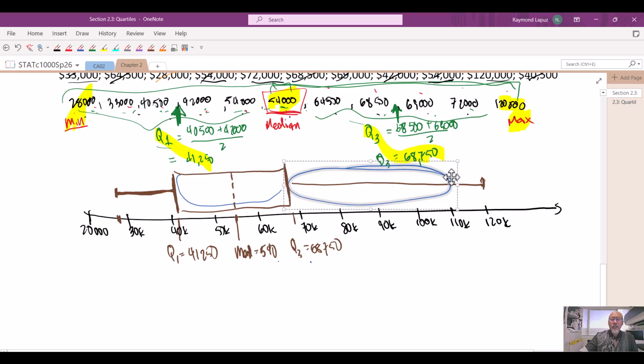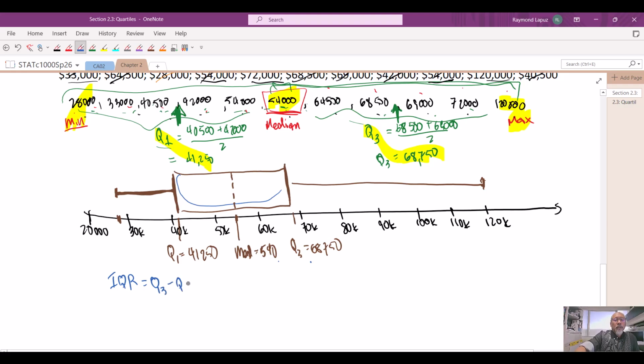So I'm going to take this away and we'll actually do our analysis by making the computations. Our IQR is going to be Q3 minus Q1, and that is 68,750 minus 41,250.